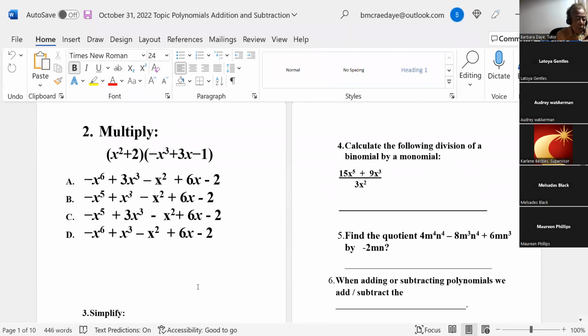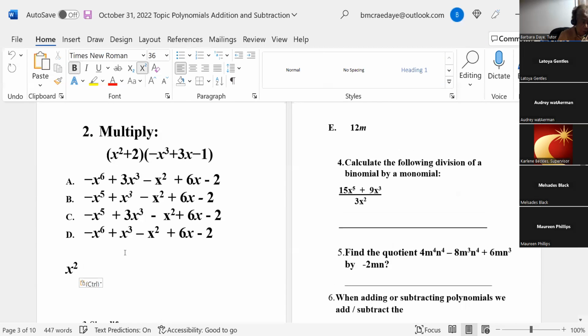Okay, Audrey, so let's just take the x to the second. Put that here, and multiply that by this expression.